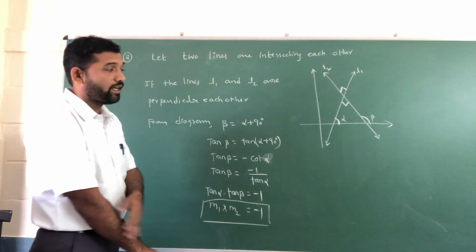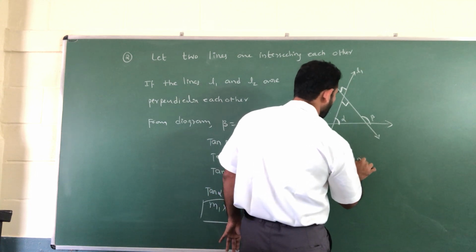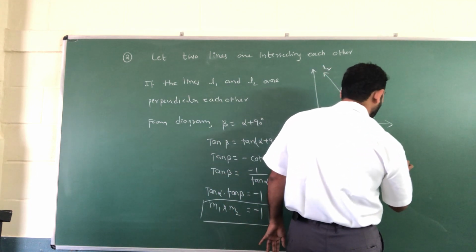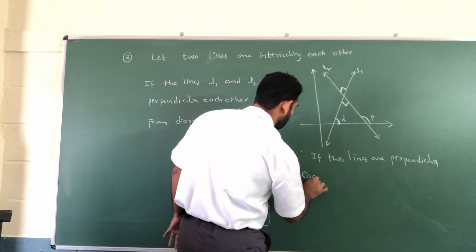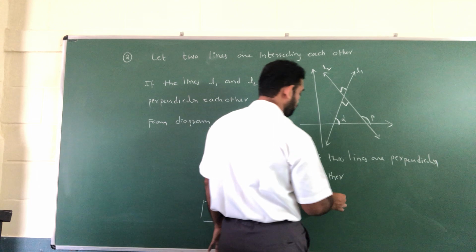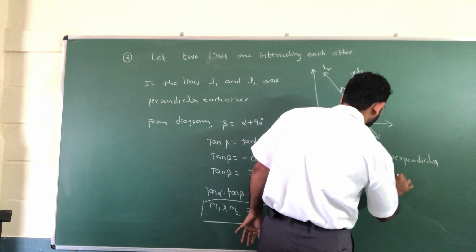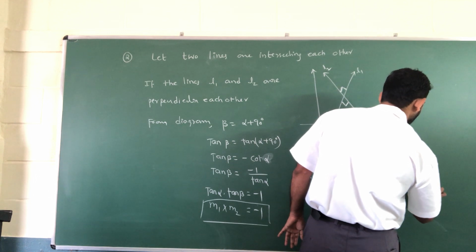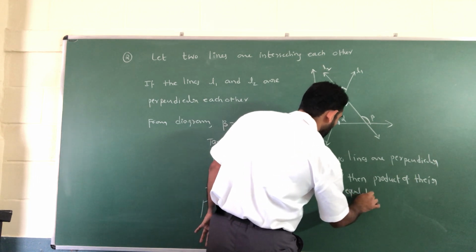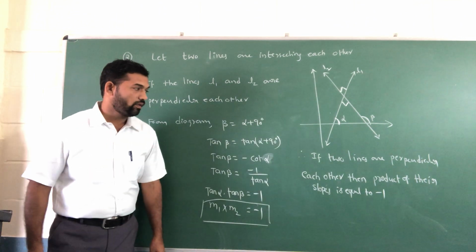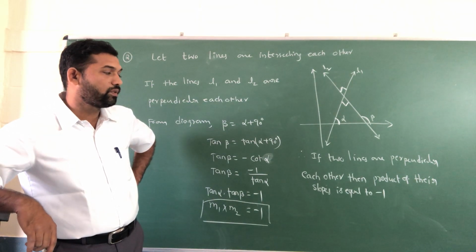So if two lines are perpendicular to each other, then the product of their slopes is equal to minus 1.